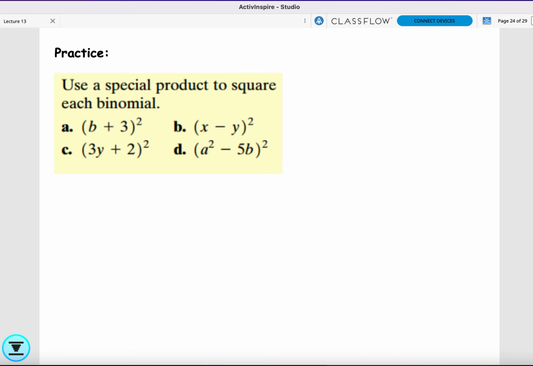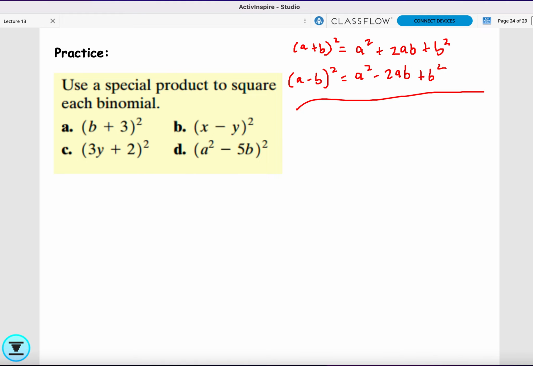Use the special products to square each binomial. So I'm going to write each one here. So first we need to know (a plus b) squared is a squared plus 2ab plus b squared. (A minus b) squared is a squared minus 2ab plus b squared. So I'm going to use those two to do the work.